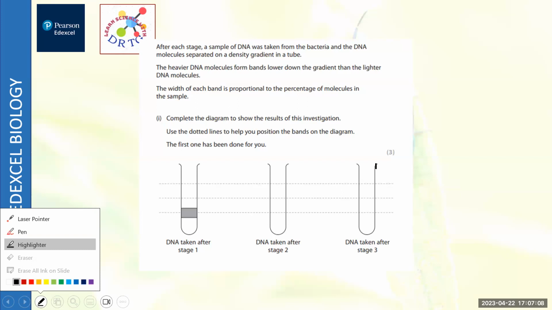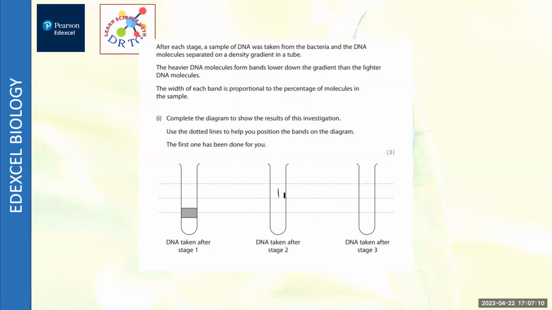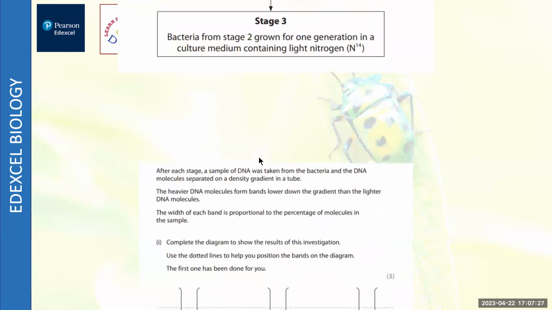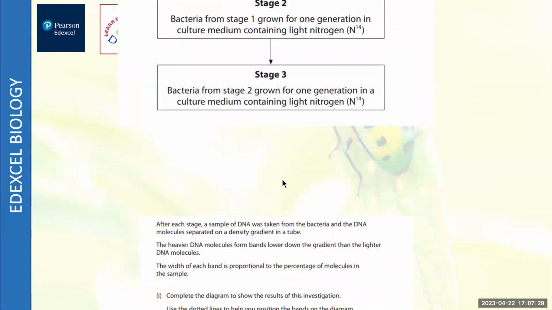We can remember it. It's easy for the exam if you can remember it. Stage 1, it is growing only with N15 medium. It is only heavy bands. Then change to N14 medium, first generation. This is the first one according to this, and this is the second one.